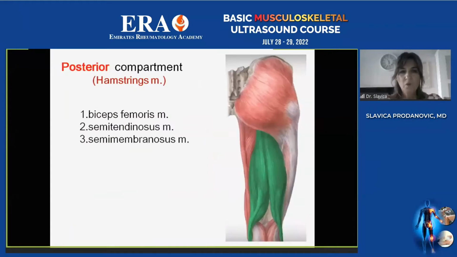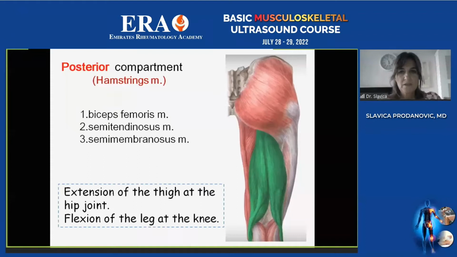Okay, we are moving to the posterior compartment. On that side, we have three muscles called the hamstring muscles. Actually, we have the biceps femoris muscle, the semitendinosus and the semimembranosus muscle.